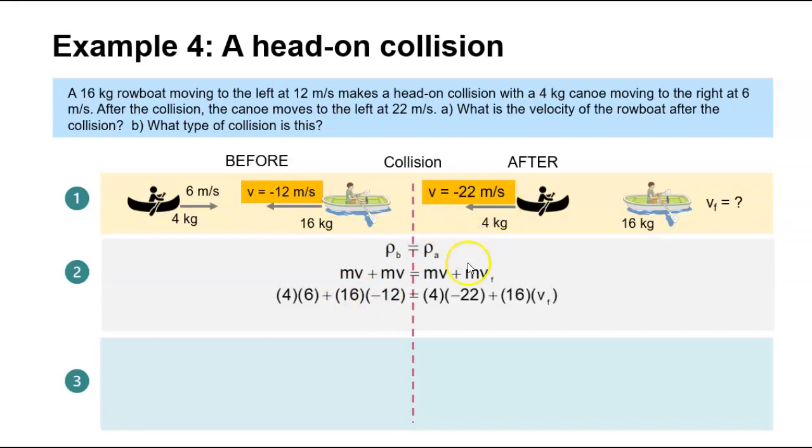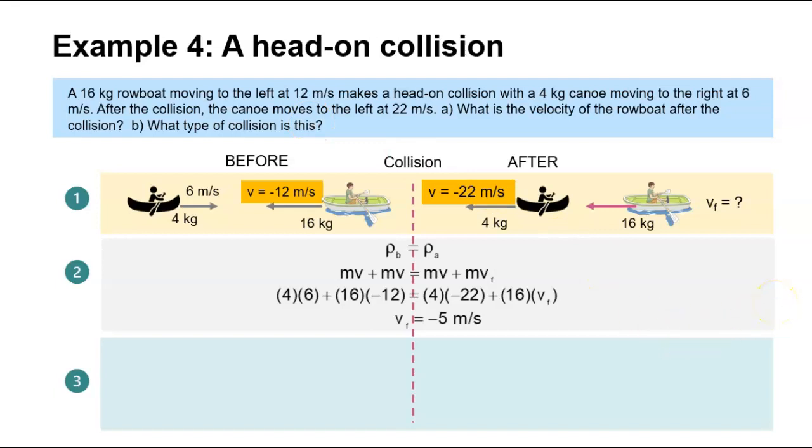And then over here, I got the 4 and negative 22 because it's going to the left, plus 16 times the final velocity. Now I just work through all of my algebra, and I find out that the final velocity is -5. Now I know which way the boat is going. It's going that way.